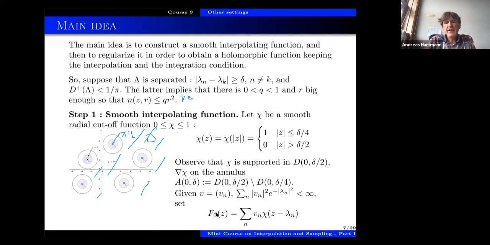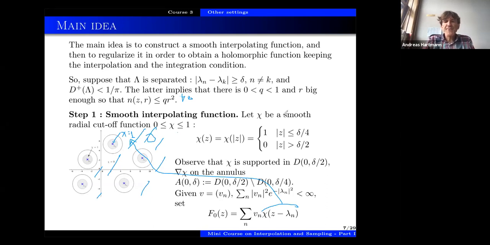If I take the function f0, I take chi and translate it, chi of z minus lambda n, so this will be 1 inside the gray disk and 0 outside.